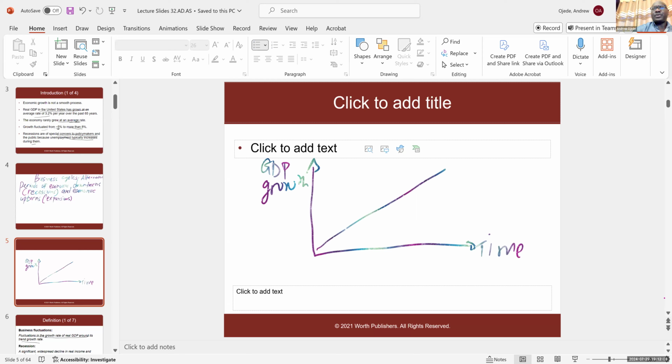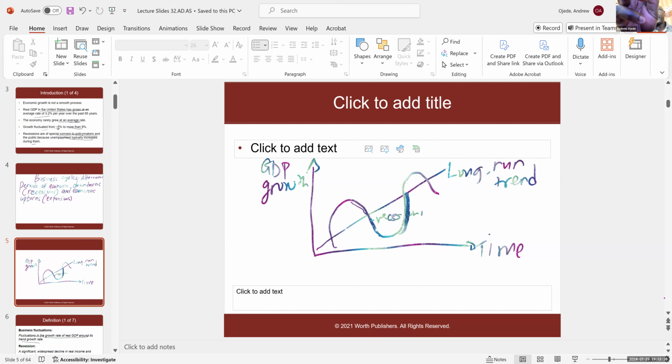This straight line is what we call the long run trend. The economy rather meanders, like the economy grows like that, as we talked about. So when we are falling, that is what we call recession. That is downturns. And then this side of the semi-cycle, that's upturns, expansion, when the economy is growing.